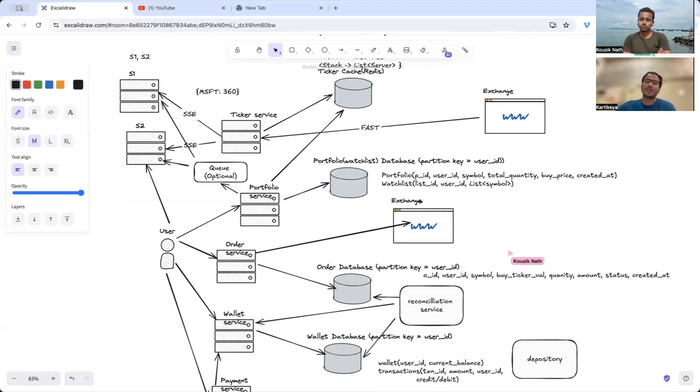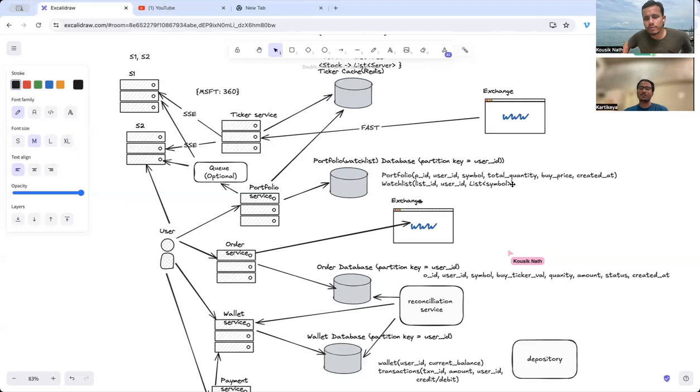And I don't think we will be running queries like which symbol appears in which user's watch list, so we can take this approach.